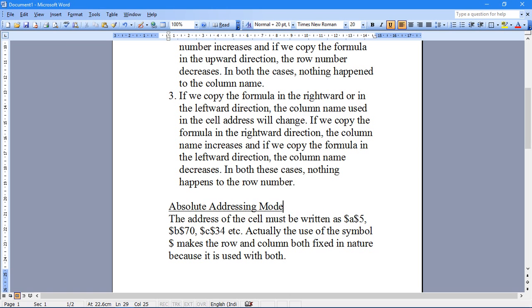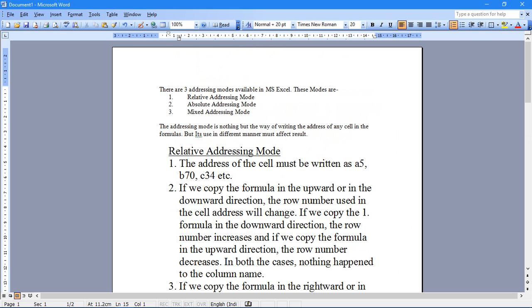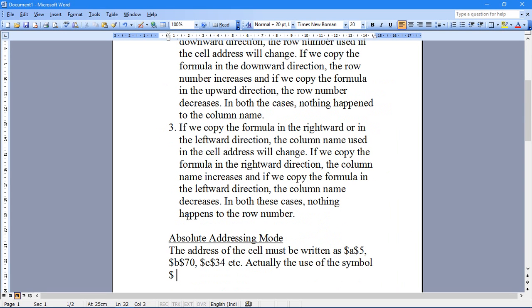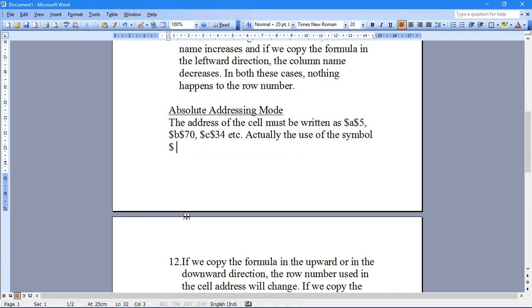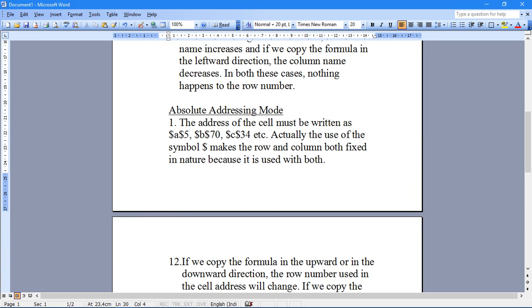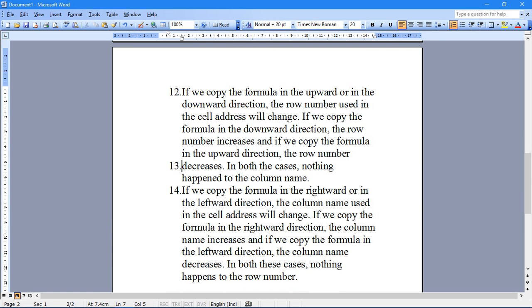What is its effect? The main question is, what is its effect?